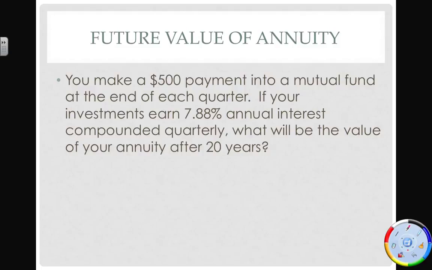This is a lot more complex than the previous problems. So I need 500. That's my R value. We don't use P in this equation. All right, 7.88. That's my little r value, but little r really is part of my I. All right, and we're compounding quarterly, and we're looking for 20 years later.